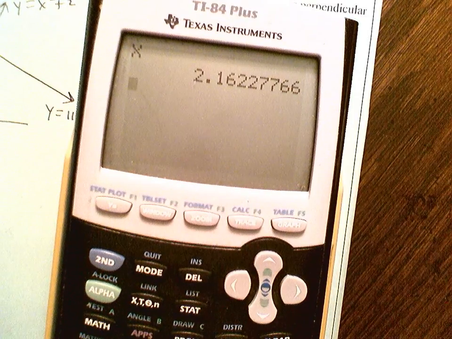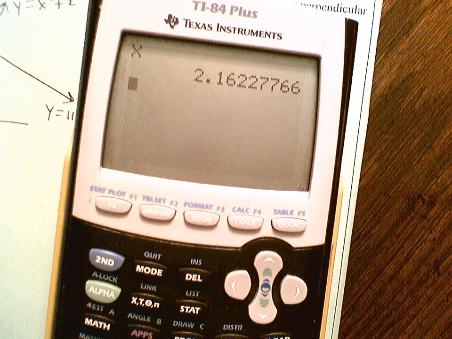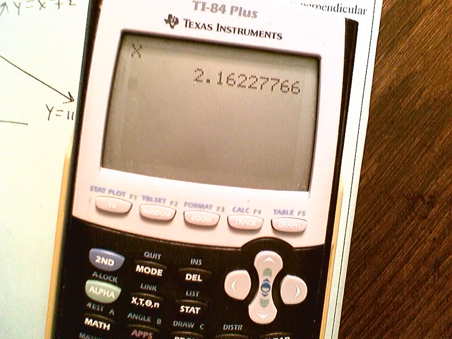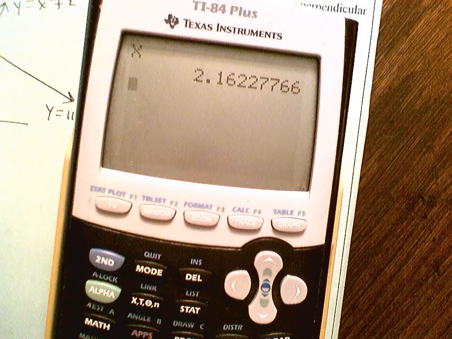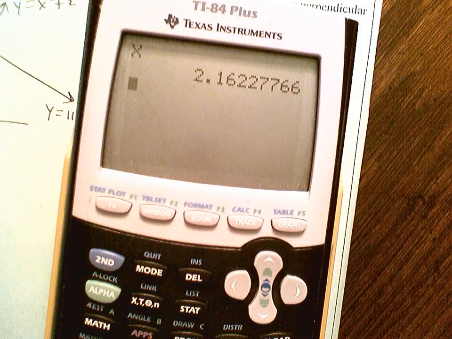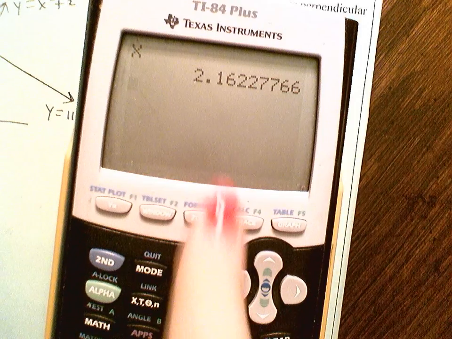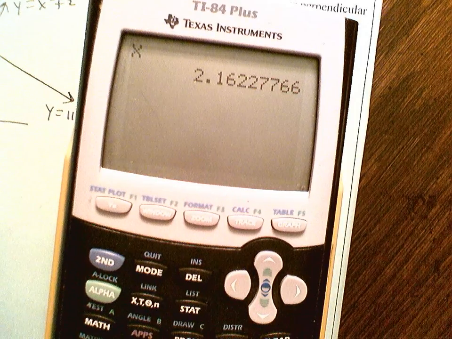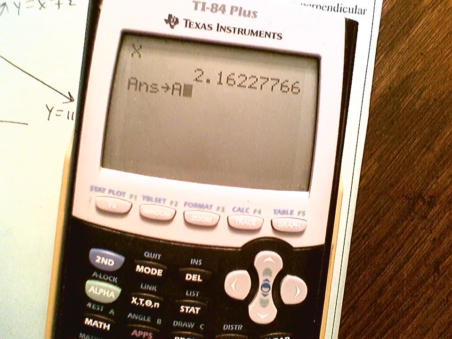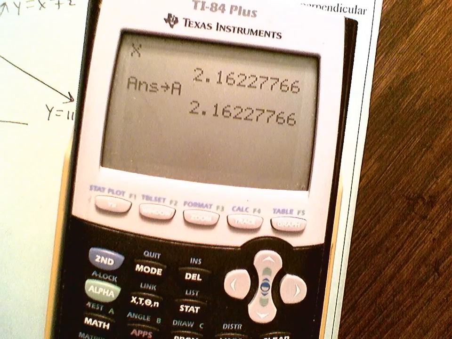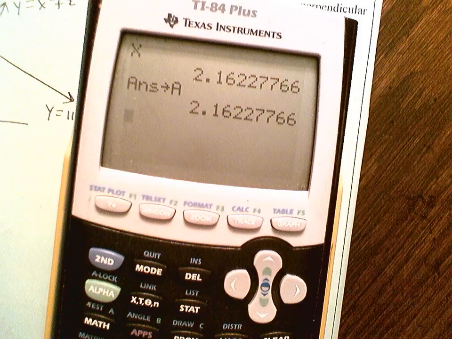So right now your calculator understands that if you type in X, you mean that. Now for some reason, since we've already got X's and Y's on our paper, I'll feel more comfortable if I store this as a different letter. So I'm going to store that as A. So when I type A, my calculator will know what I'm talking about.